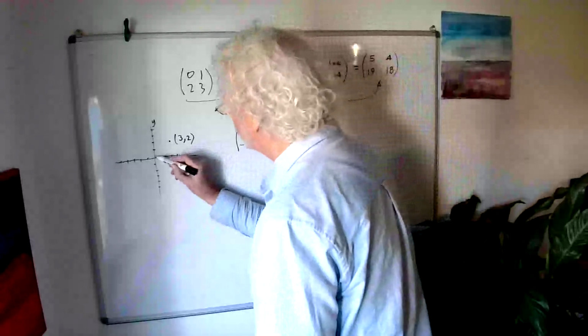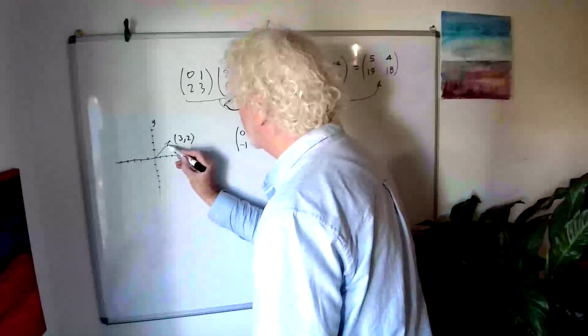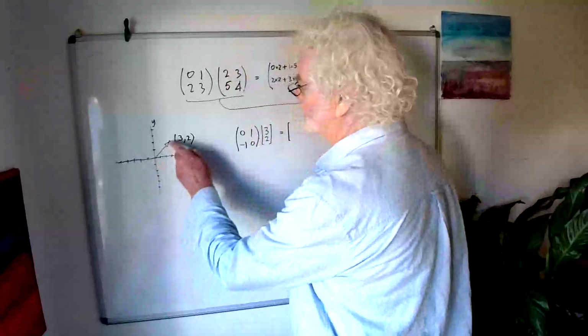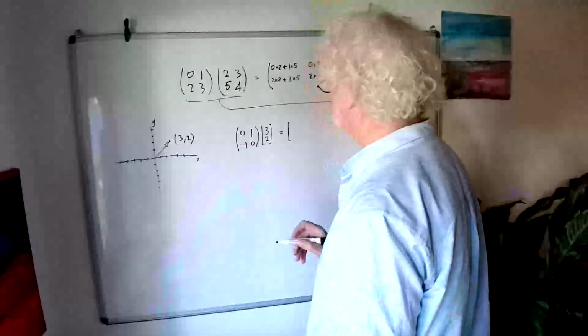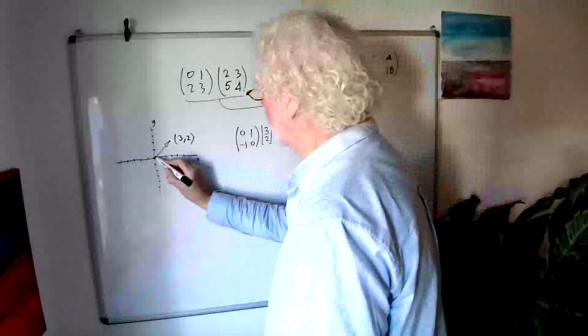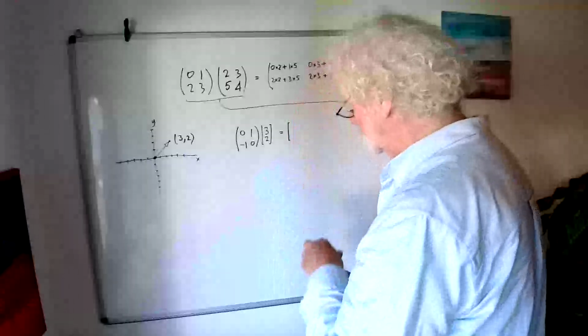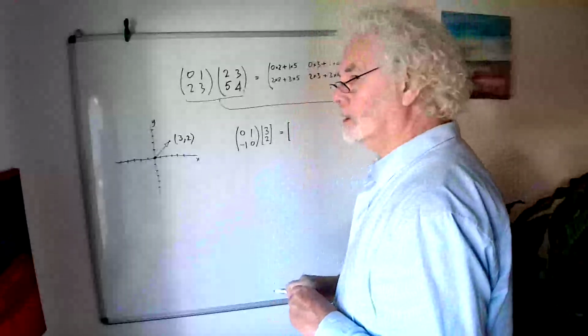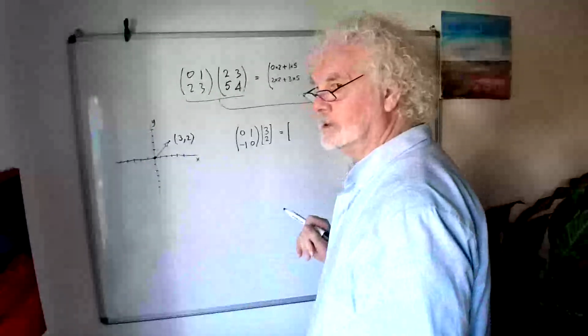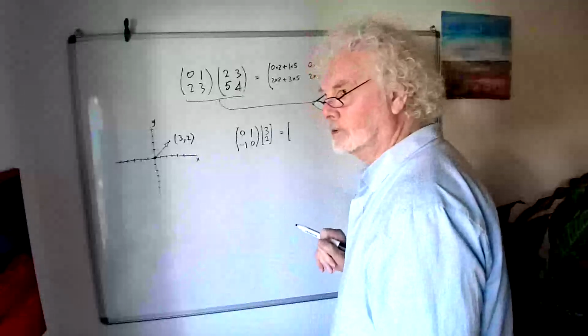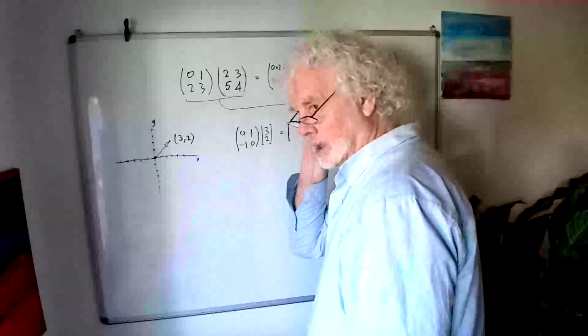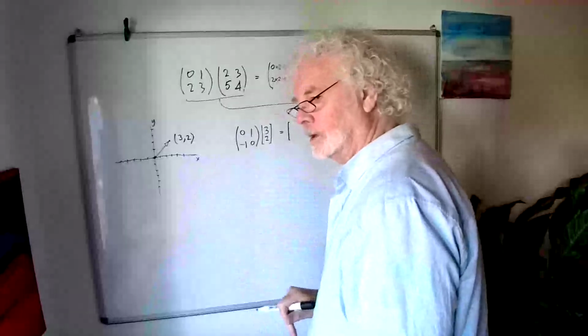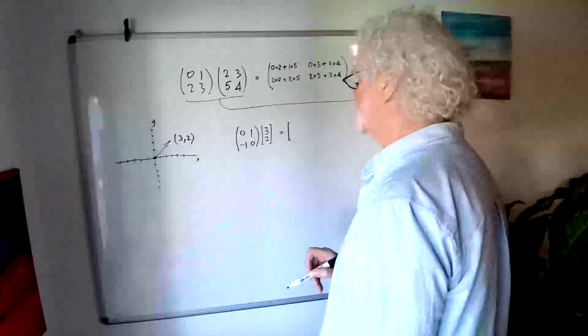A vector will often be drawn like this as an arrow, so the vector is to that point. I appreciate this is all very fast, but I think the detail of this is not so important to remember. I'm heading for something that I think you'll find interesting at the end.